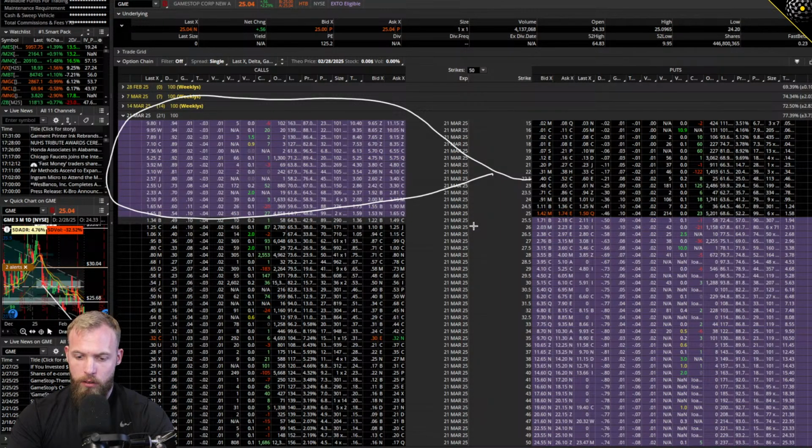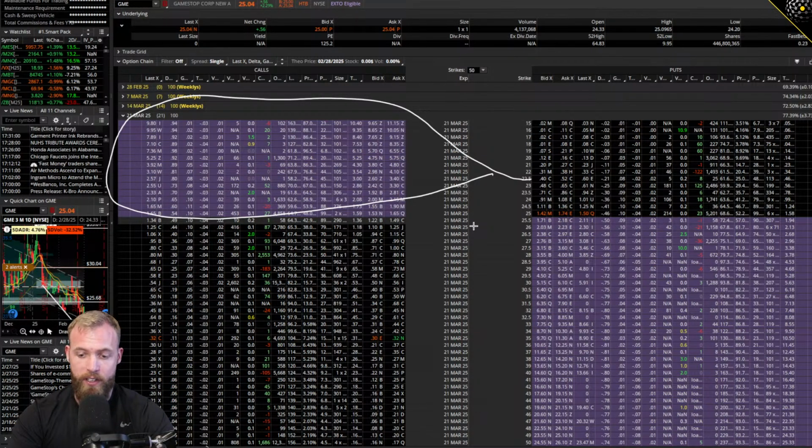Think carefully. We covered this before. When is an option likely to be exercised? In the money near expiration.